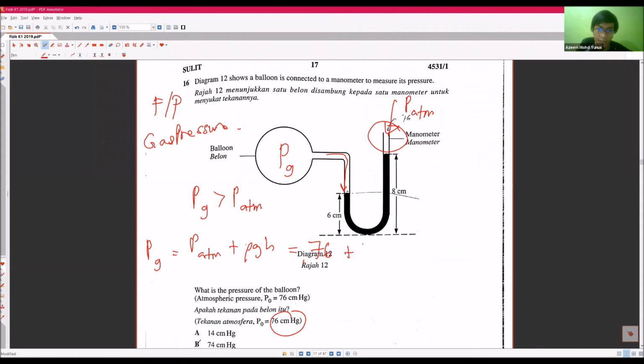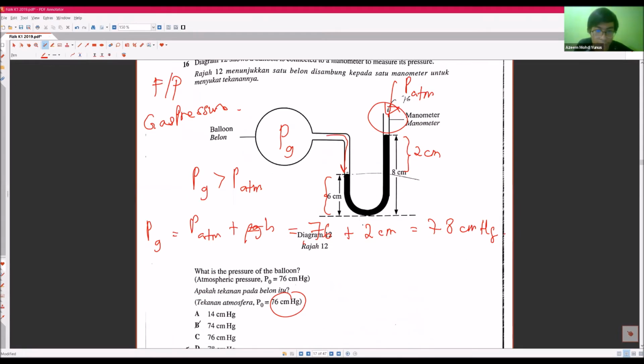Basically we just add h here because rho and g are included in the mercury. The h is actually 8 cm minus 6 cm, 2 cm. 2 cm becomes 78 cm mercury. Okay, so the answer is D.